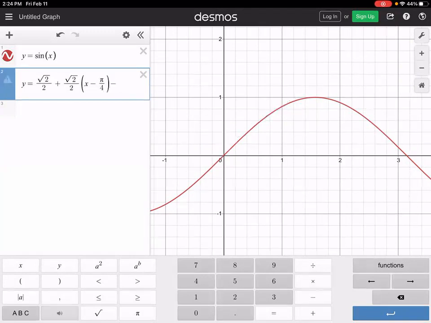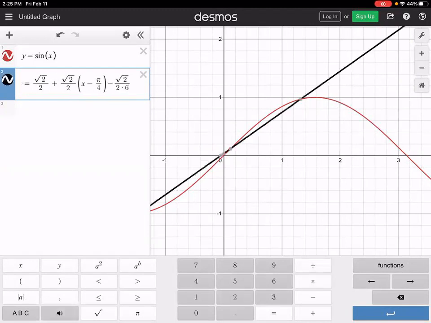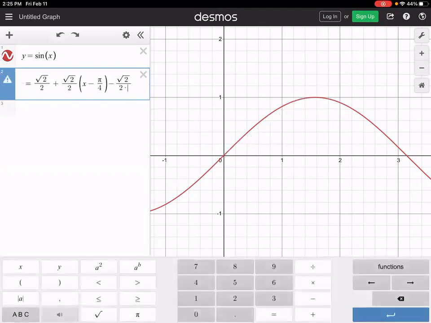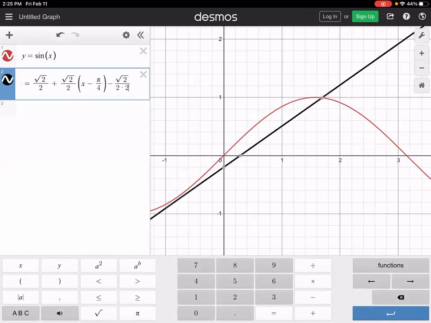And then we're going to subtract radical 2 over 2 times 3 factorial. Nope. That needs to be a 2 right there, right? You're helping me.